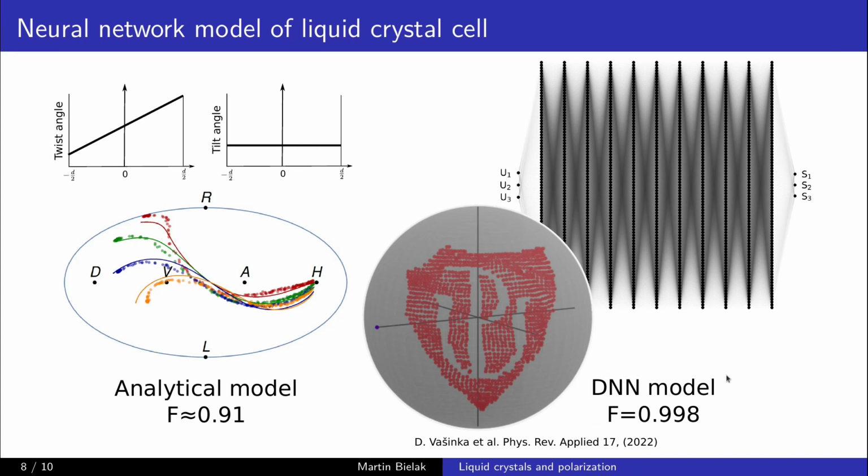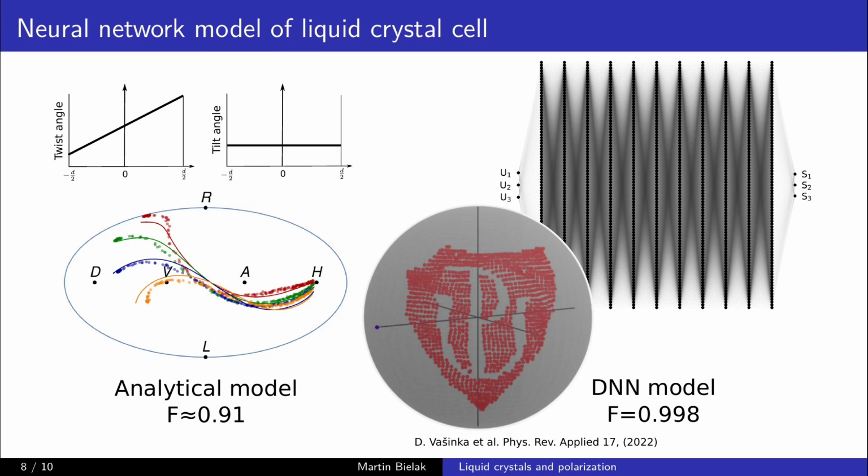To demonstrate it, we used this neural network model to predict voltages to plot the logo of our university on the Bloch sphere. Then we applied these voltages to the liquid crystal device and measured the output polarization states.